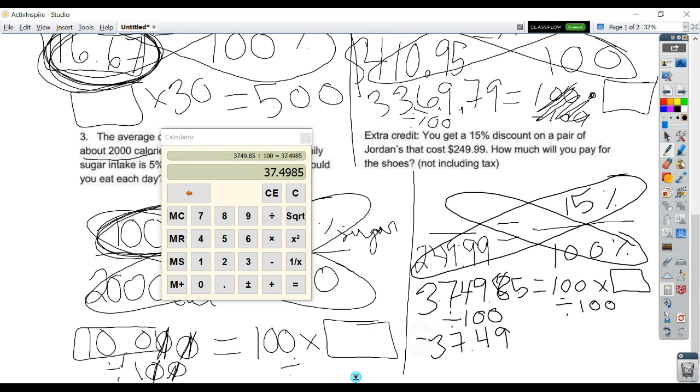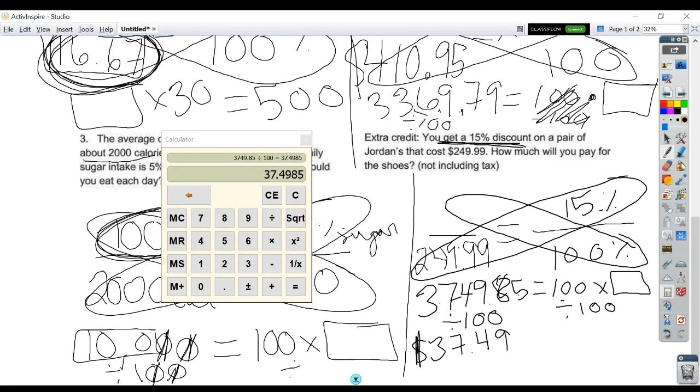So now when I look at this, it says, how much will you pay for the shoes? Well, I'm not about to buy a pair of Jordans for $37.50. That's the discount. 15% corresponds to the discount. I now need to subtract this in order to really get my final answer.